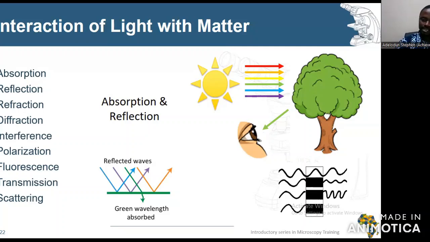The transparent parts will always allow the light to pass through unchanged, while the slightly opaque parts will absorb parts of the light but also allow parts to pass through, changing the amplitude, whereas the totally opaque part disallows any light from passing. So everything is absorbed, and the outcome is going to be total black. The picture will be black at the end of the day. So that's in total summary what happens when light interacts with any matter.